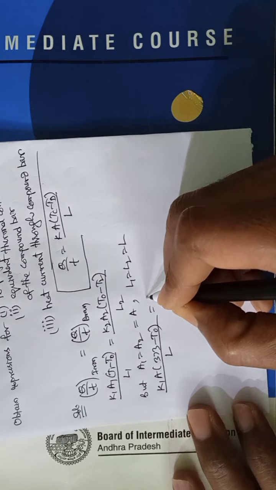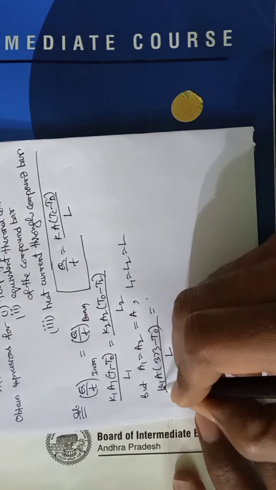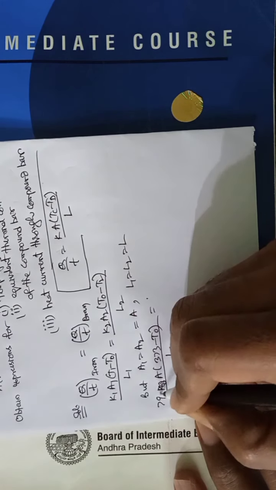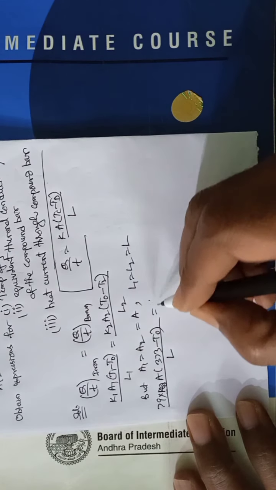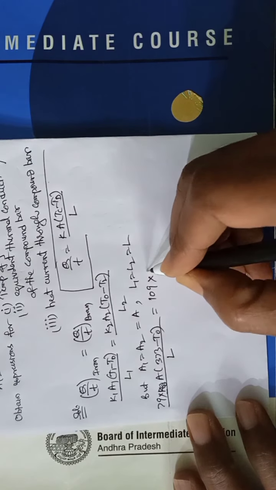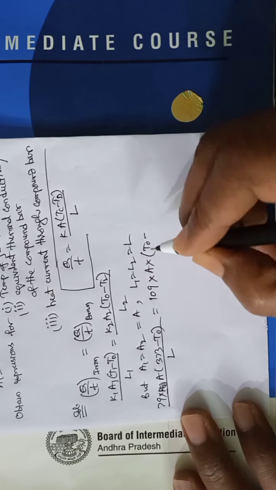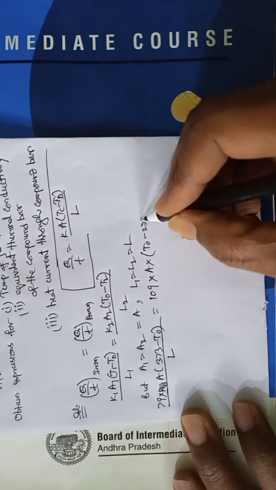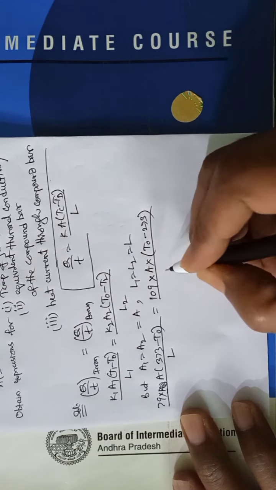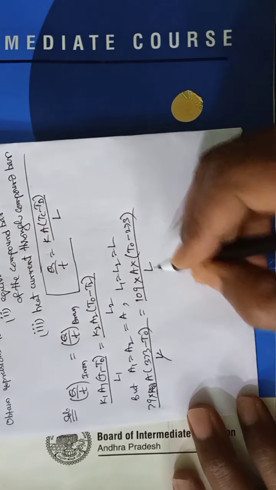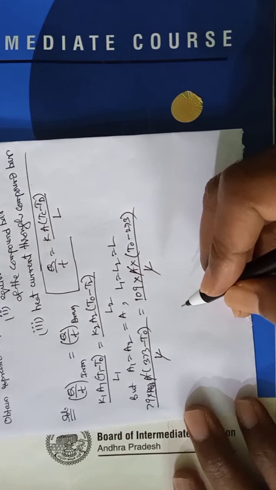K2, its value substituted here, 79, into, on the right side K2, its value 109, A2 means A only, temperature T0 minus the right hand temperature 273, divided by L2, that is L. So L and L get cancelled, and A and A get cancelled.